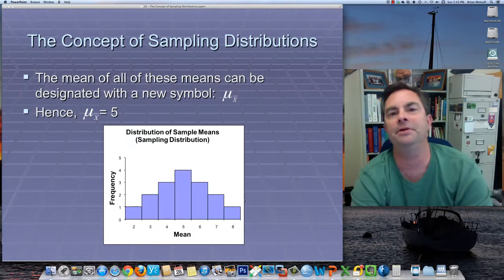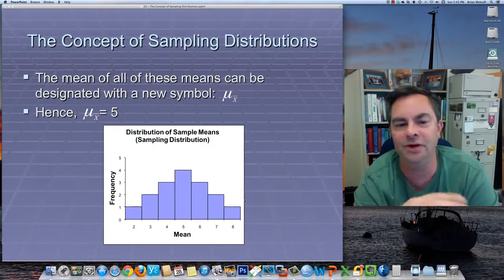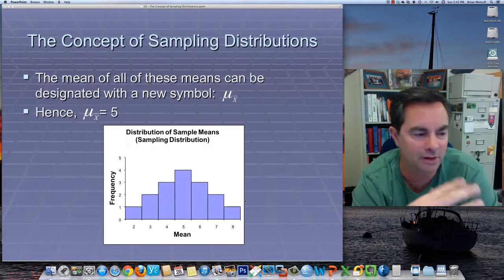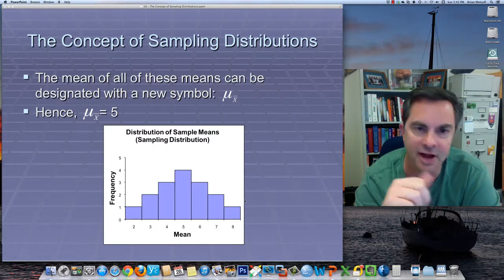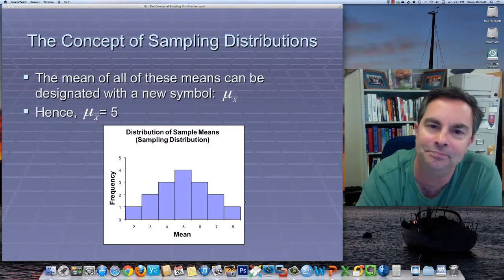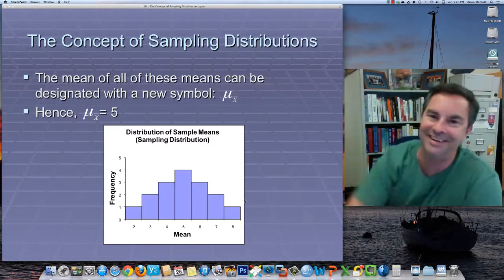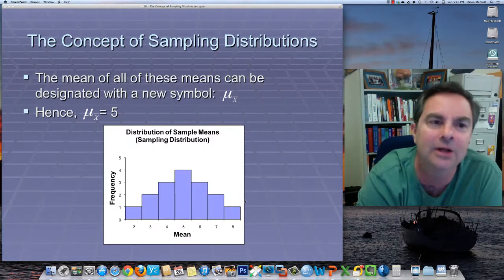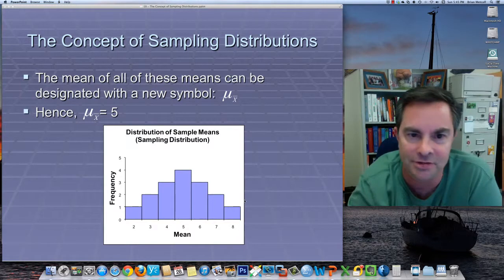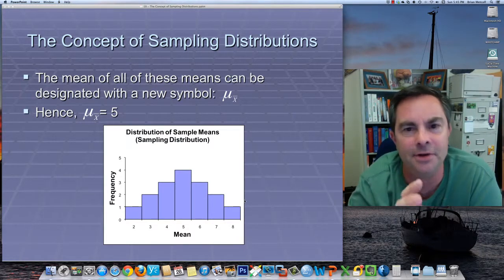There's our concept of sampling distribution. So take a look at these two videos. Take a look at the relevant content in your textbook. Look it up, read it, look at these two videos. Let me know if you still have any confusion about what sampling distributions are.